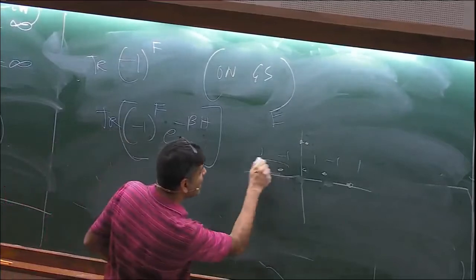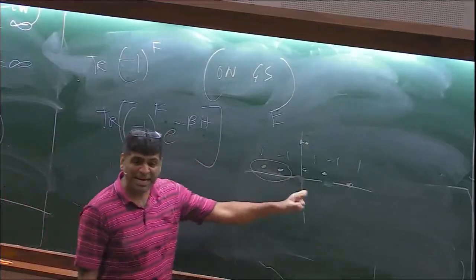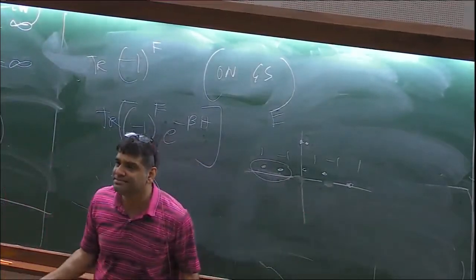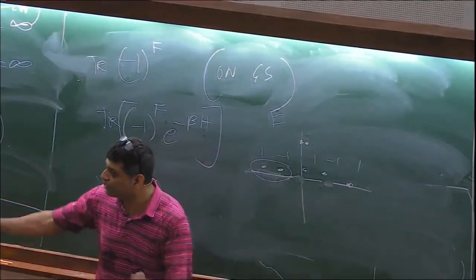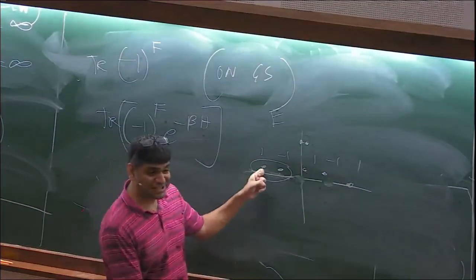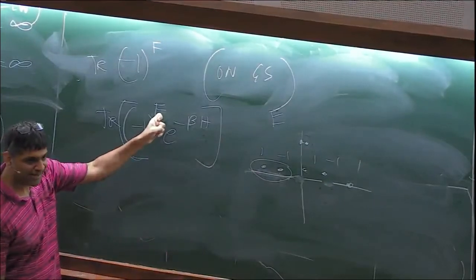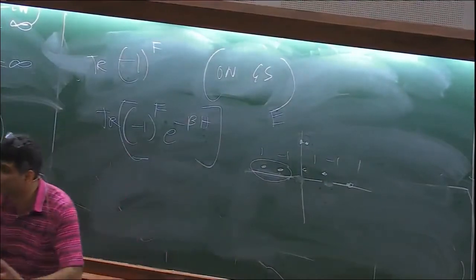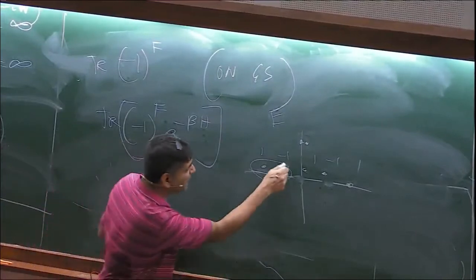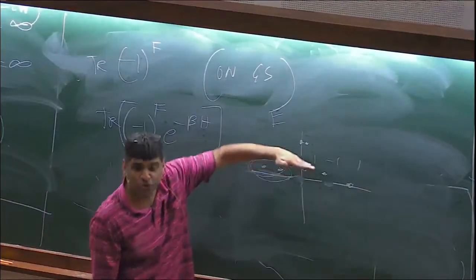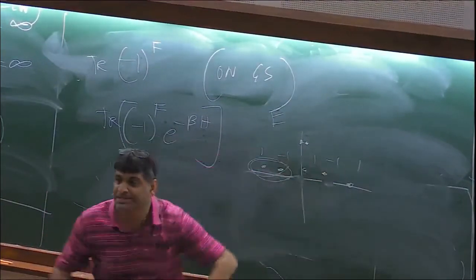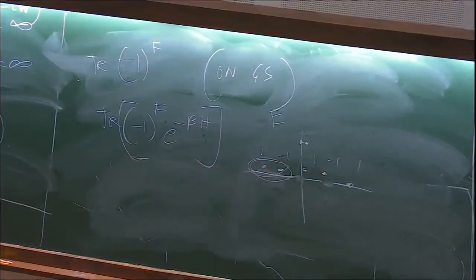This completely changes the number of ground states, from 5 to 1. But what it doesn't change is trace of (-1)^F evaluated on the ground states, because the pairs that can lift and go to non-zero energy are precisely those pairs which under trace of (-1)^F give you 0.